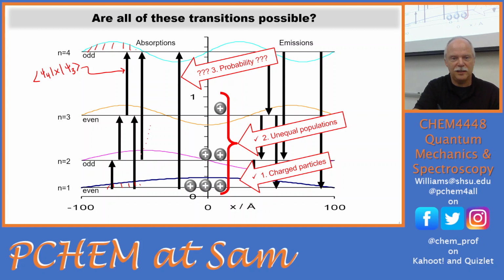We've got some positive areas, we've got some negative areas that would cancel out. And so this region would not be contributing to the integral and so on. And so you can look to see if these things have an overall integral that's non-zero. And so we'll look at some of those results today.